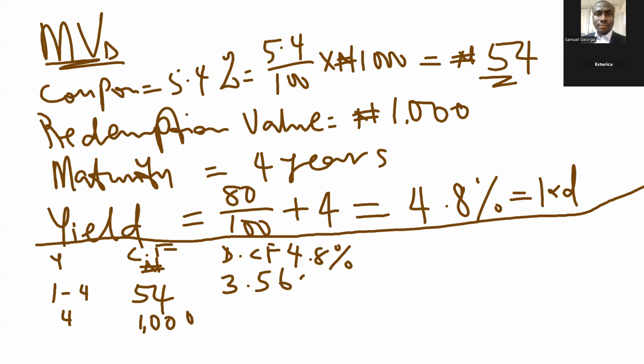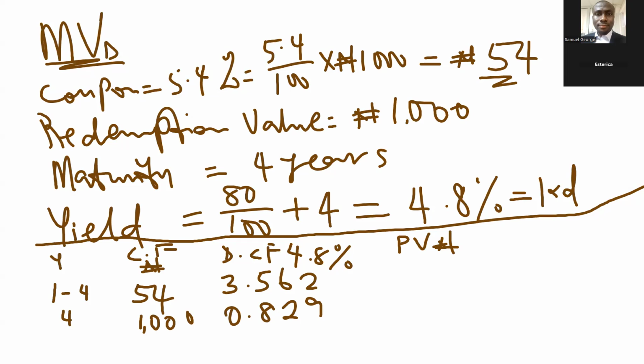Then what is the present value factor, 4.8% for 4 years, for year 4? 1.048 raised to power -4 equals 0.829.